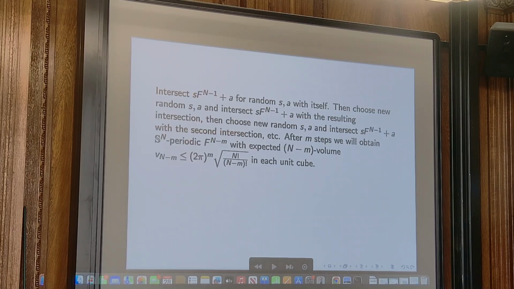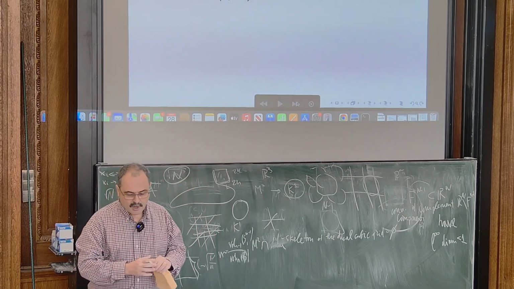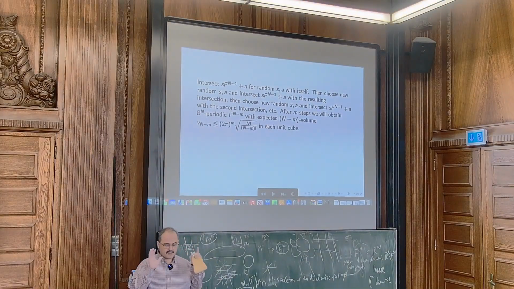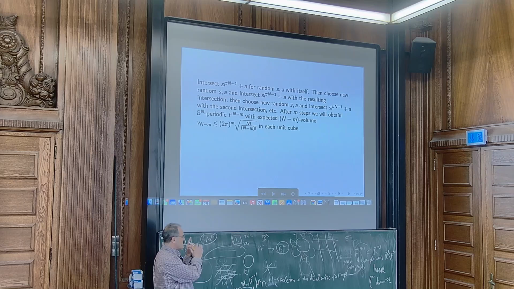Okay, so here is our idea. Now we are going to start from this form and start defining its skeleton of higher and higher dimension. How do we do that? We take one copy of this form and a second copy. For the second copy, we do a random translation in a cube with side length 1 and a random signed permutation. It's not invariant with respect to the signed permutation, so we need to do that.